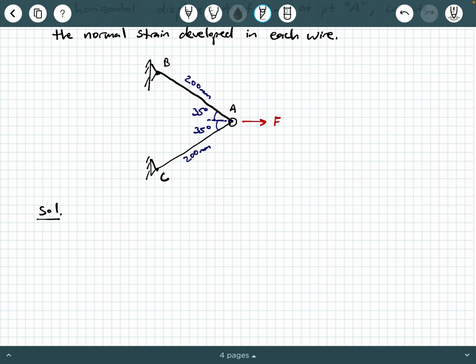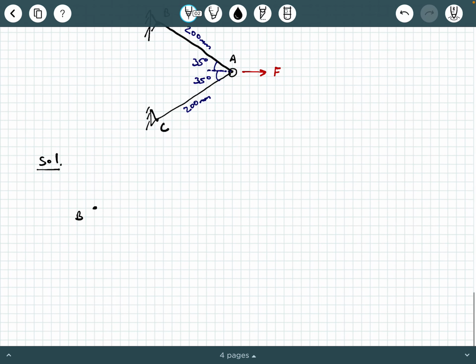So I'm going to go ahead and sketch on here point B, and I'm going to go ahead and draw my wire. And here's point A. And then we know that this thing is 200 millimeters long, and I'm going to go ahead and draw my angle here.